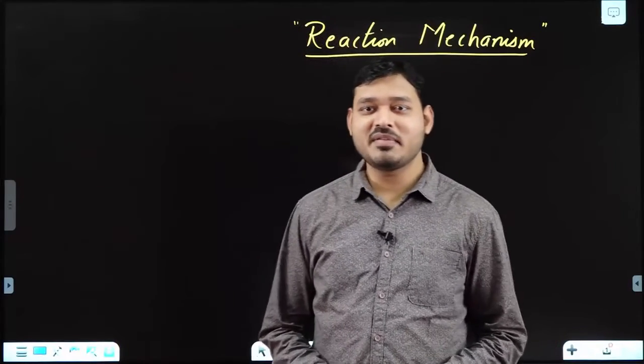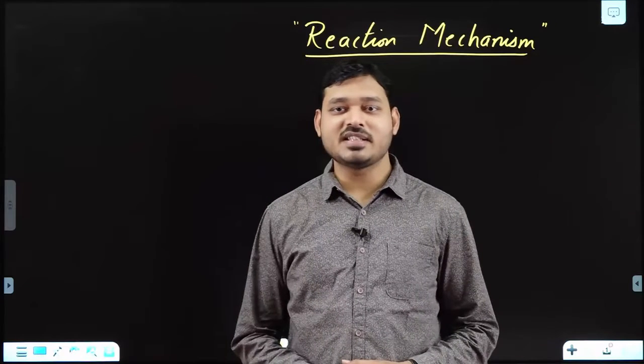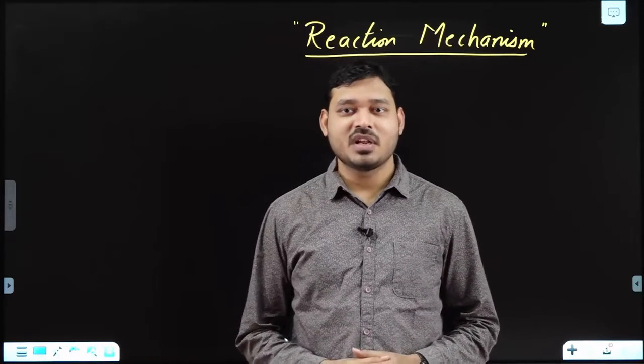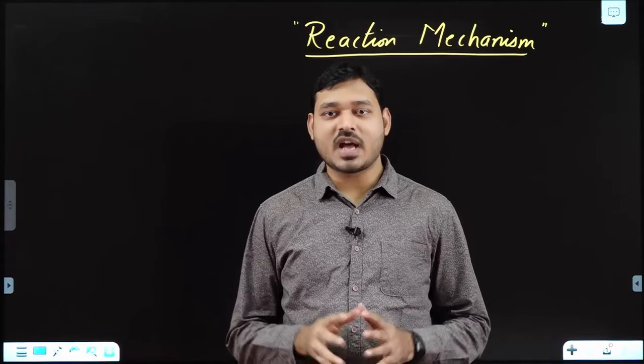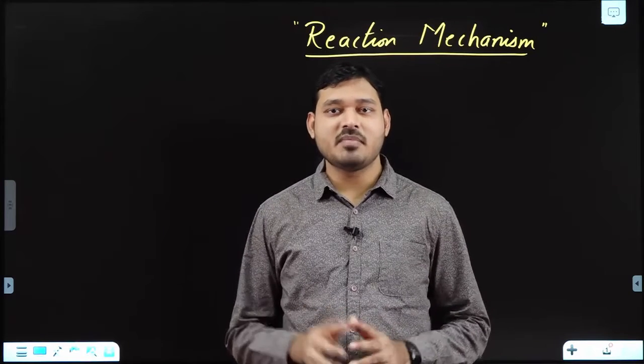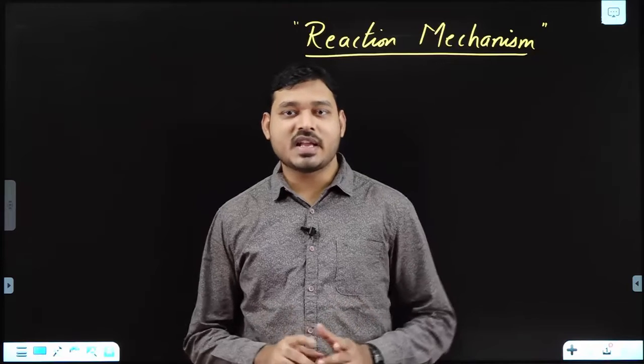Dear students, today we are starting our new chapter, that is reaction mechanism. Now what does this term reaction mechanism mean? First of all, we need to understand carbon and its properties. In the periodic table, the element carbon, having atomic number 6 and mass number 12, has lots of properties like catenation.